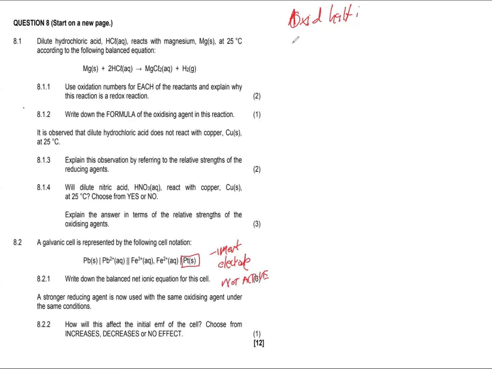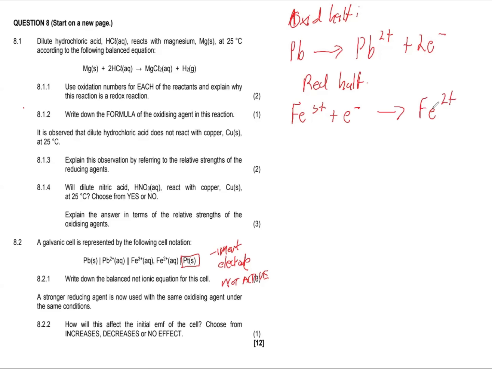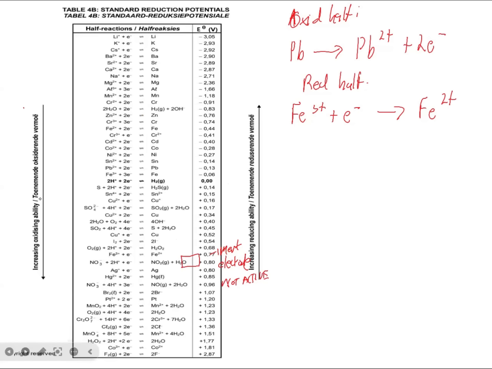This will just go as Pb to give us Pb 2 plus plus 2e. And then our reduction half reaction is very simple to write from here. This is just going to be Fe 3 plus plus e to give us Fe2 plus. If you are not sure, you can still check your 4b table, where you will identify the two reactions.